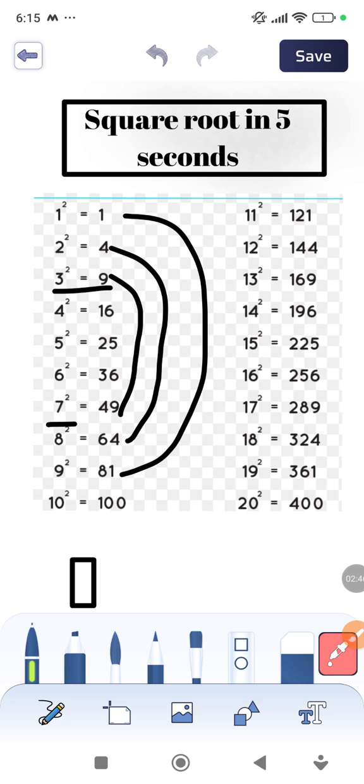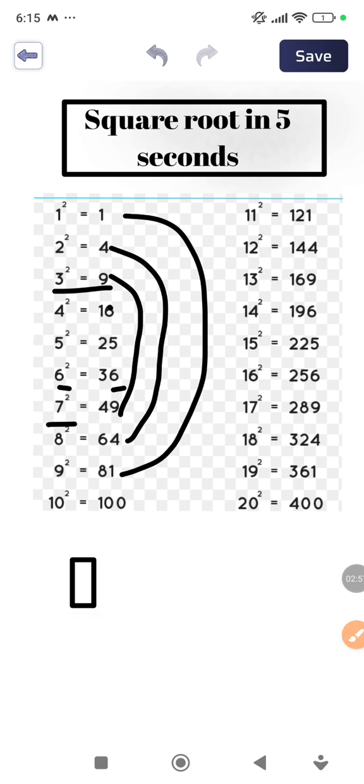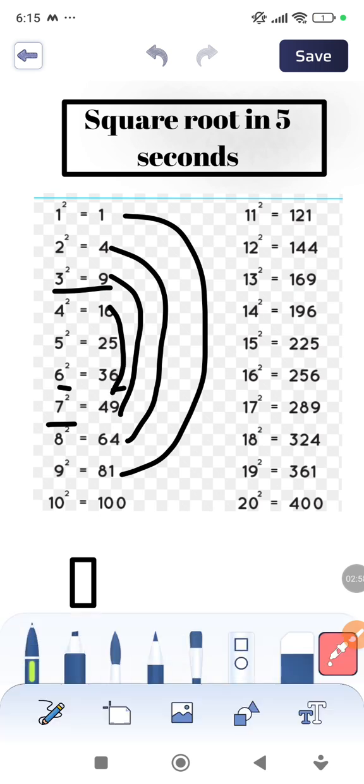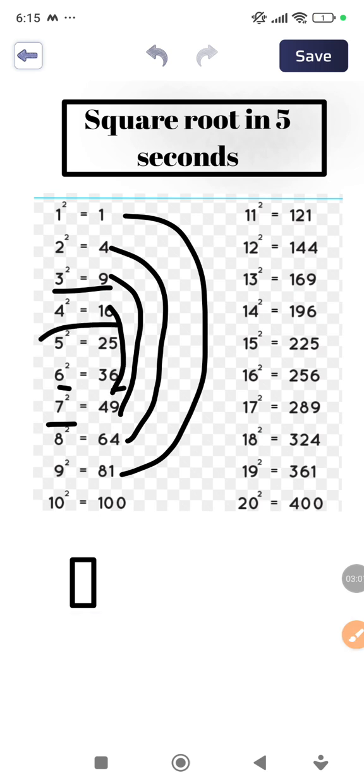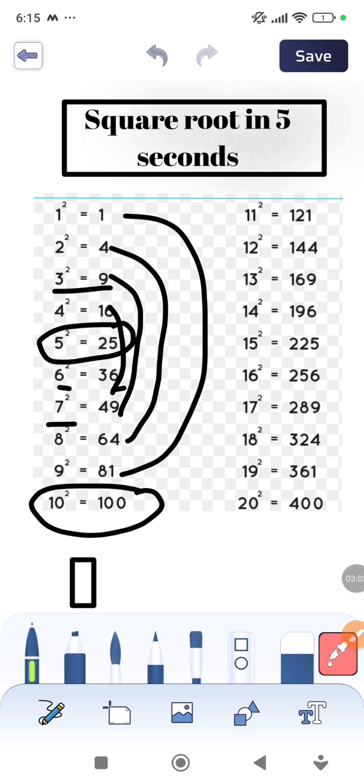Then 4: the end digit of 4 squared is 6, and that of 6 squared is also 6. So yes, we are going to match them together. So this is the trick. And 5 and 10 are the exceptions, and you have to learn them.